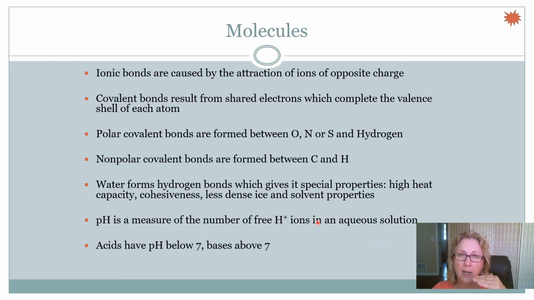So the more hydrogen ions there are, the lower the pH is. So a pH of 2 would have a lot of free hydrogen ions in it. Acids are pH below 7, bases are things that are above 7. And water, 100% pure water, is a pH of 7, exactly neutral.